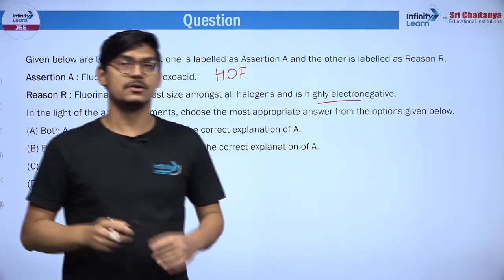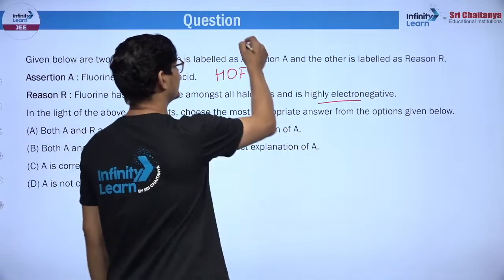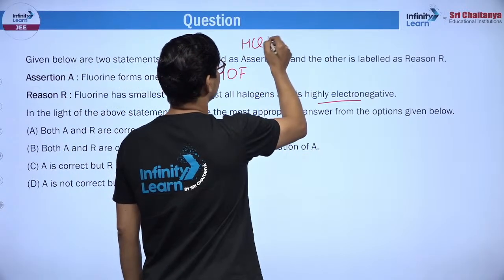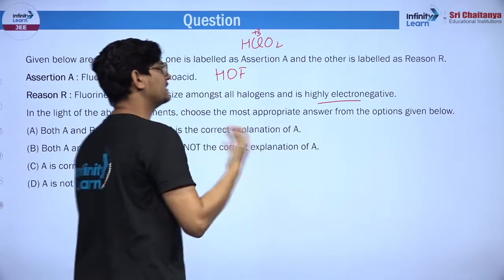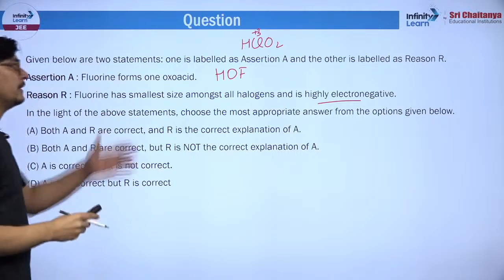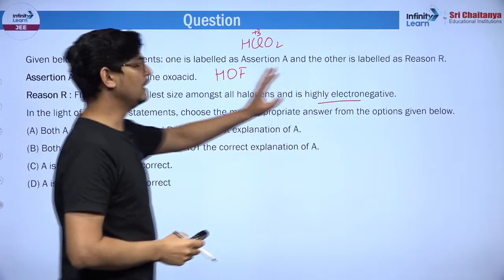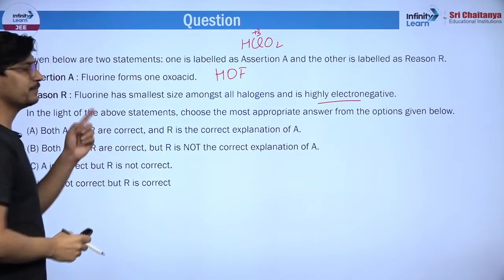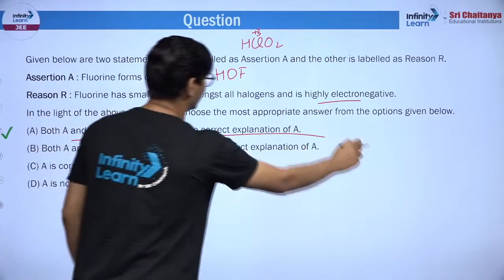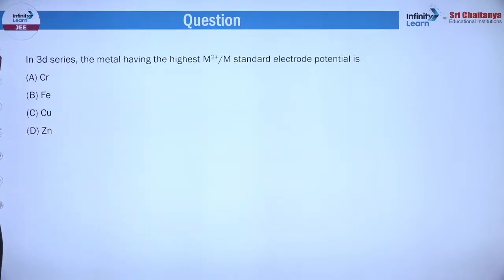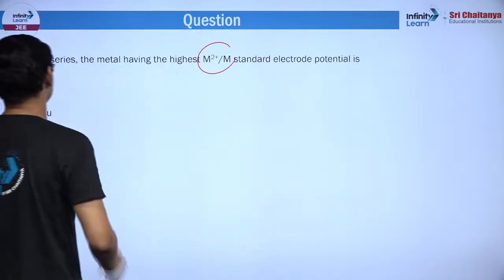It does not show positive oxidation state, ठीक है। तो अगर आप बात करोगे क्लोरीन के ऑक्सो एसिड्स की, तो ठीक है, क्लोरीन का ऑक्सो एसिड जो है HClO2, जैसे अगर मैं बात करूं तो यहाँ पे +3 ऑक्सीडेशन नंबर हो गया, HClO3 +5, HClO4 +7, बट फ्लोरीन कैन नॉट शो पॉजिटिव ऑक्सीडेशन स्टेट। तो बिकॉज ऑफ द स्मॉल साइज एंड हाई इलेक्ट्रोनेगेटिविटी, फ्लोरीन ओनली फॉर्म्स वन ऑक्सो एसिड, अनलाइक अदर्स. ठीक है। सो यस, बोथ आर करेक्ट एंड करेक्ट एक्सप्लेनेशन.